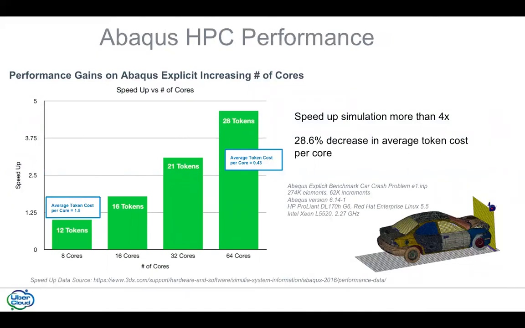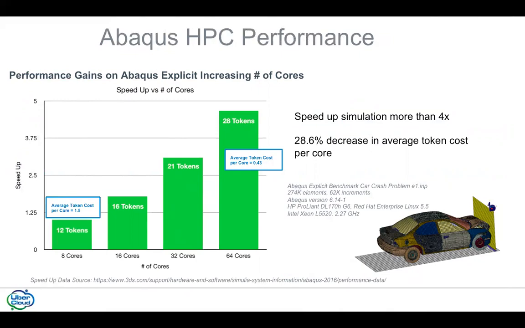This example we are looking at here is an explicit benchmark car crash model. And this has over 274,000 elements and 62,000 increments.